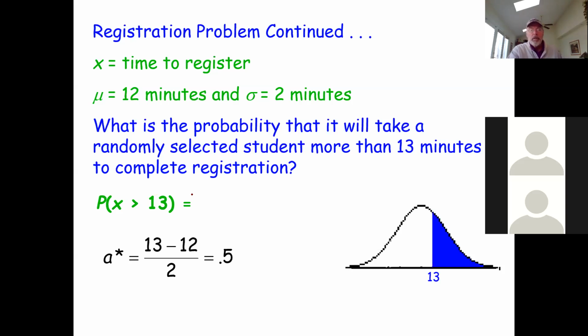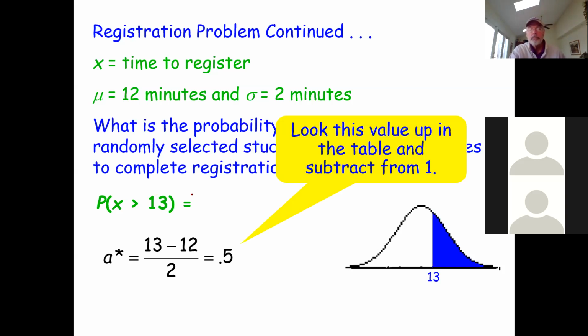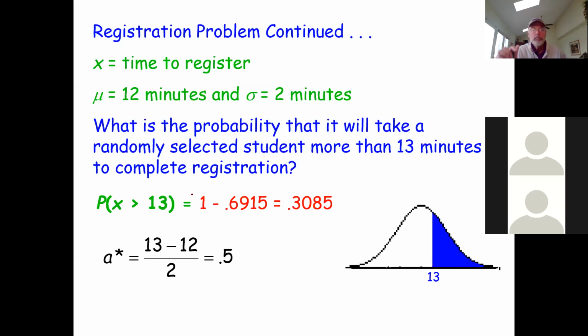And 1 minus this value here, which is associated with the z-score right there, and we get this area to be 0.31.